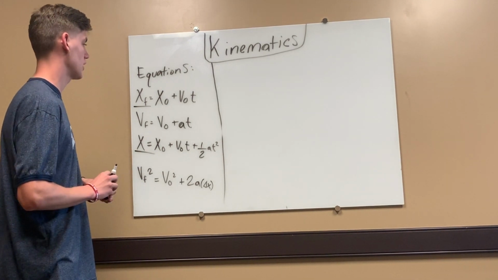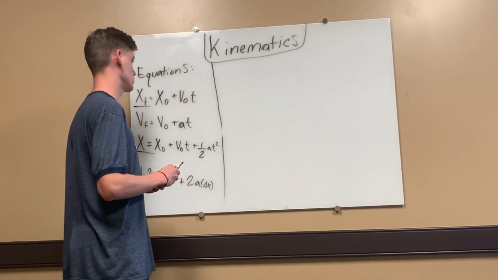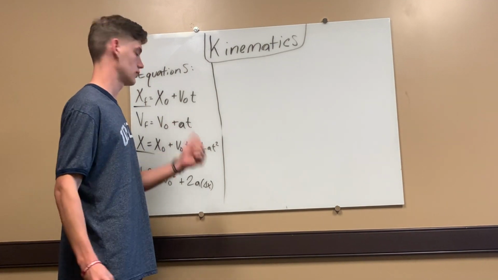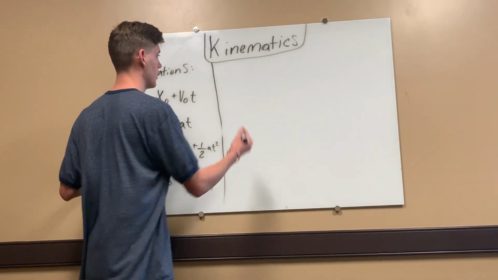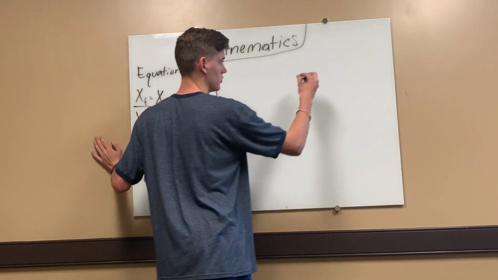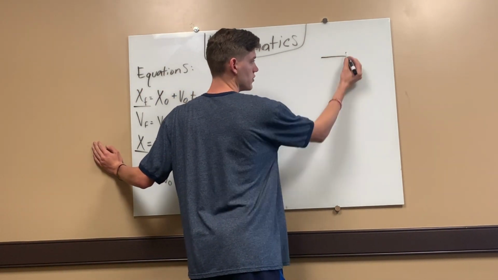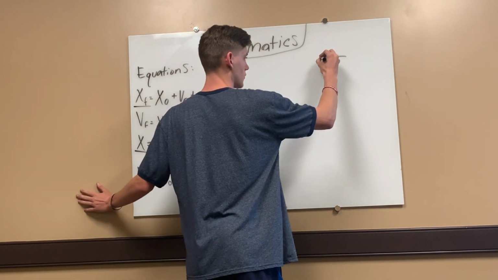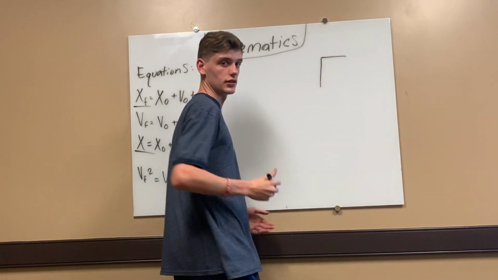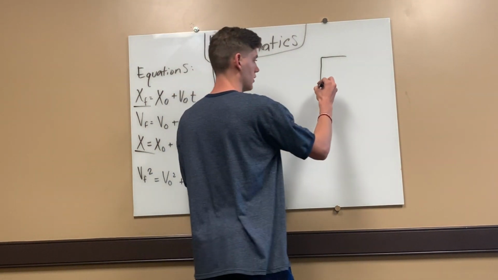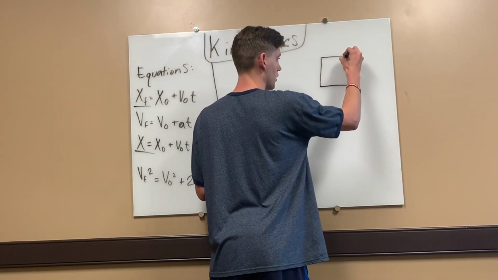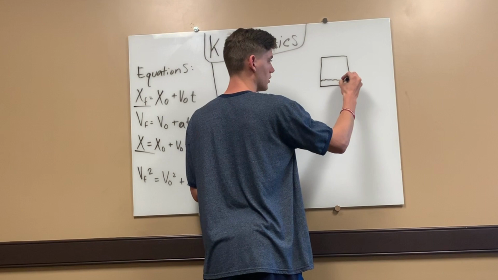In this case, think about what you have. You have the initial position, x naught. Let me draw a little diagram. We have a well here. This is the start of the well, and it goes down some distance, which we're trying to find, and it hits the water here.